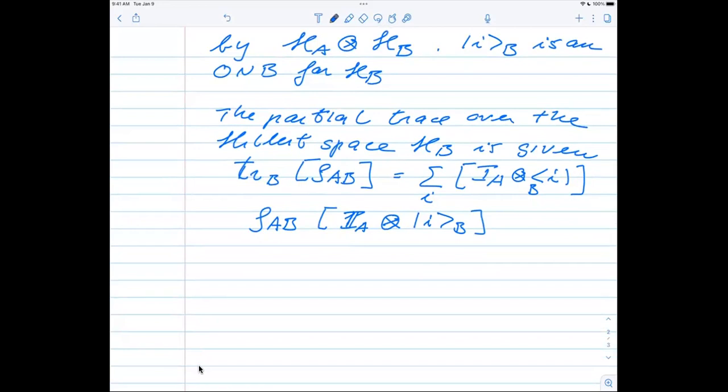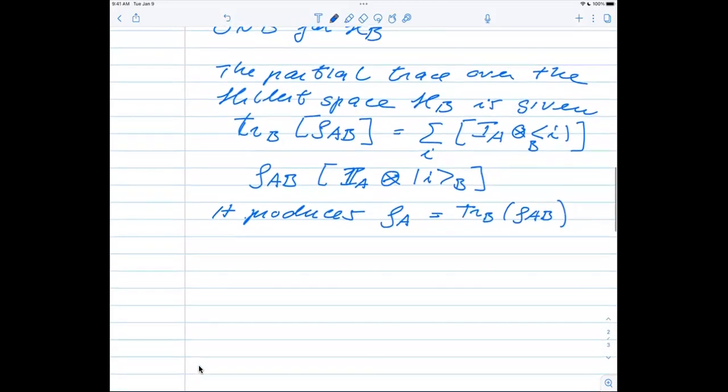And this produces a new density matrix, rho, which is given by this trace over B of the original density matrix rho AB, of the many-body density matrix. And this is called a reduced state.